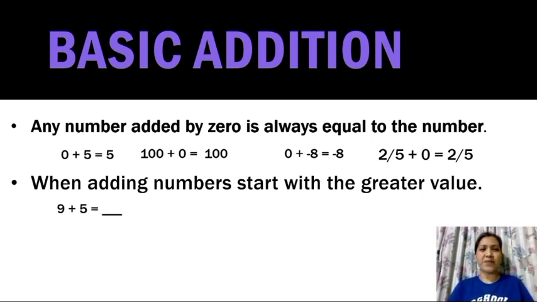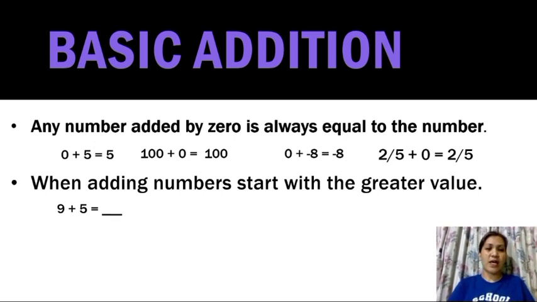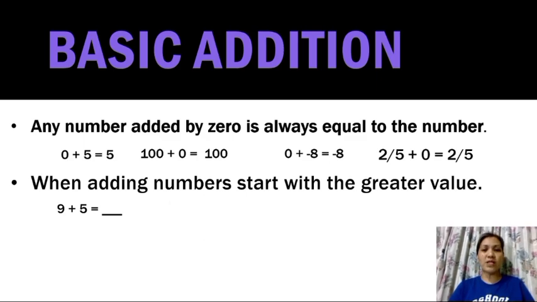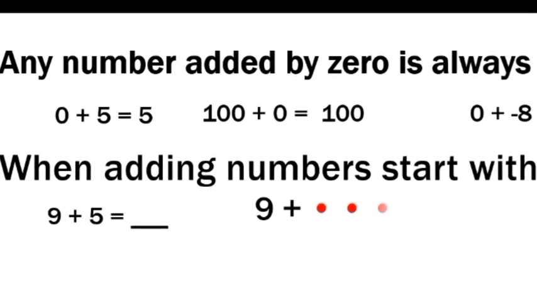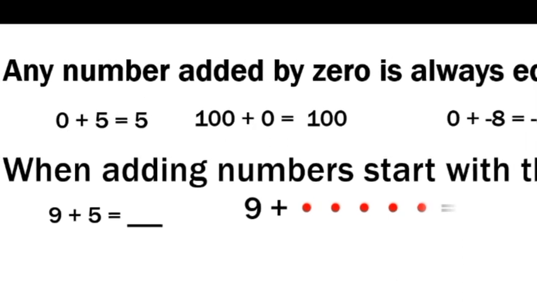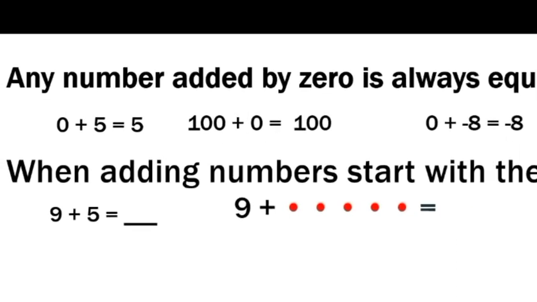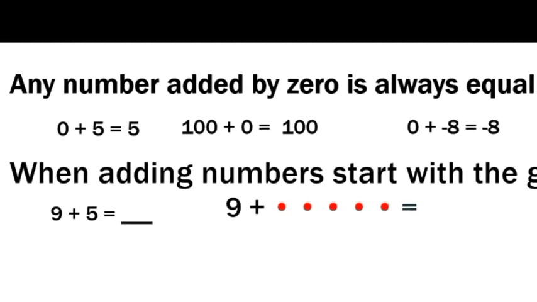So, example, 9 plus 5. The greater value is 9. And then, added by 5, mahirap nila i-mental yan, so i-visualize nila. We'll start with the number 9 and then count an object or a stick ng 5 items and then continuous counting lang.